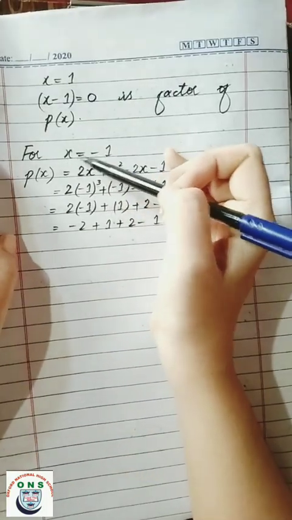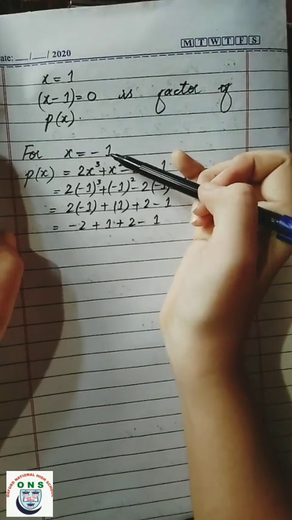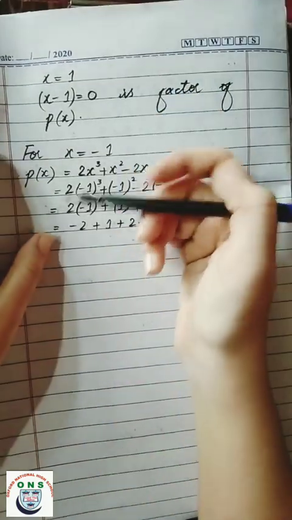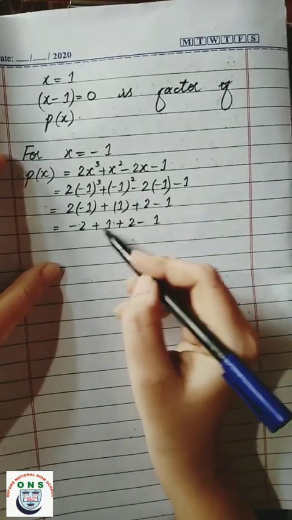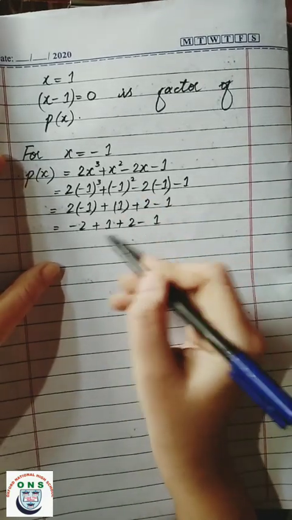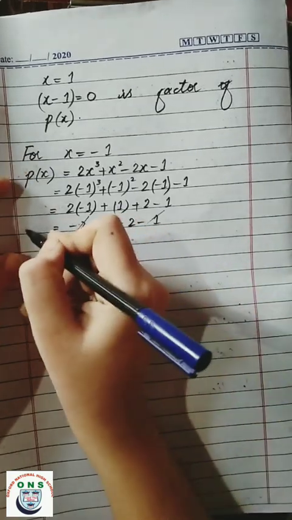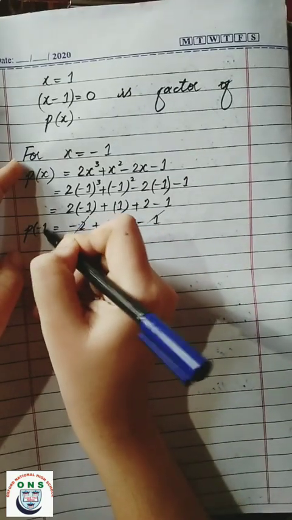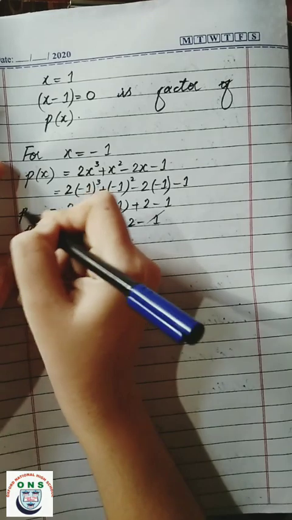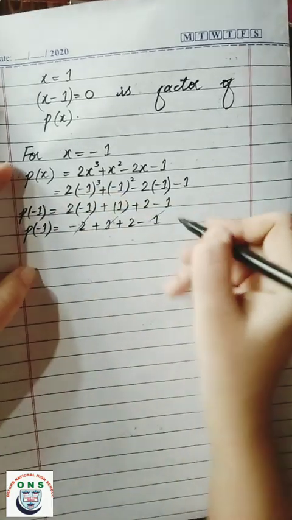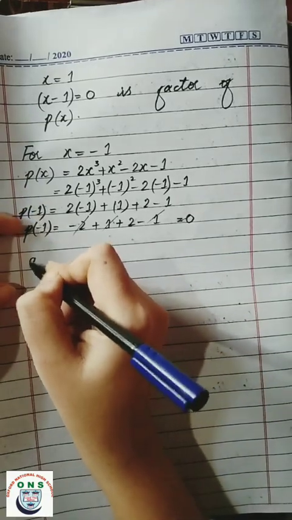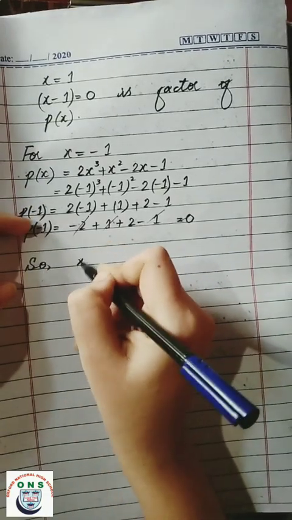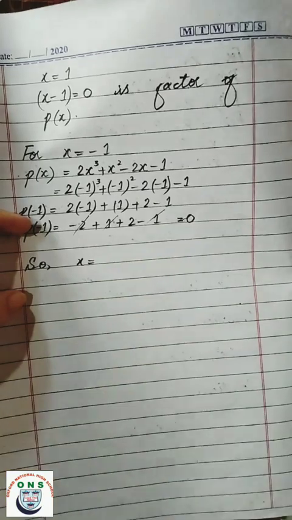After that, for x is equal to minus 1, we applied the second factor and placed the values, that is minus 2 plus 1 plus 2 minus 1 cancelled, and we got p of x equal to 0. Okay, remainder is 0.